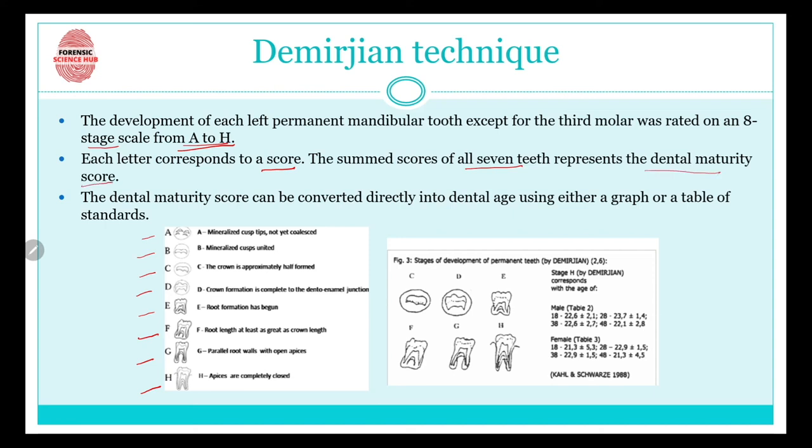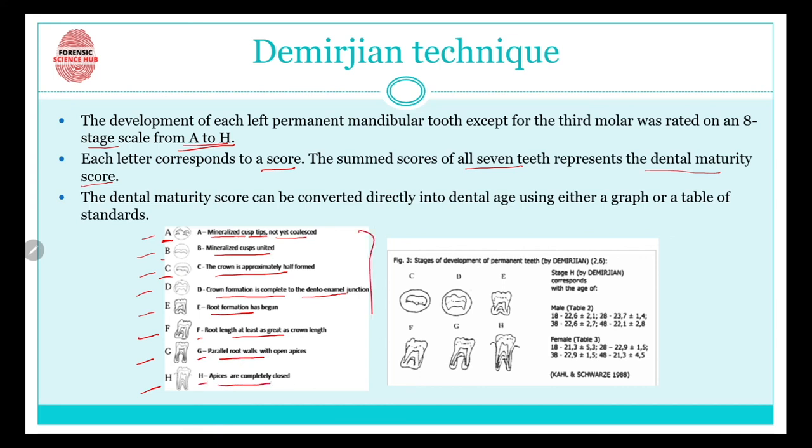These stages mean different things. For example, A means mineralized cusp tips not yet coalesced, B means mineralized cusps united, C means the crown is approximately half formed, D means crown formation is complete to the dento-enamel junction, E means root formation has begun, F means root length is at least as great as crown length, G means parallel root walls with open apices, and H means apices are completely closed.